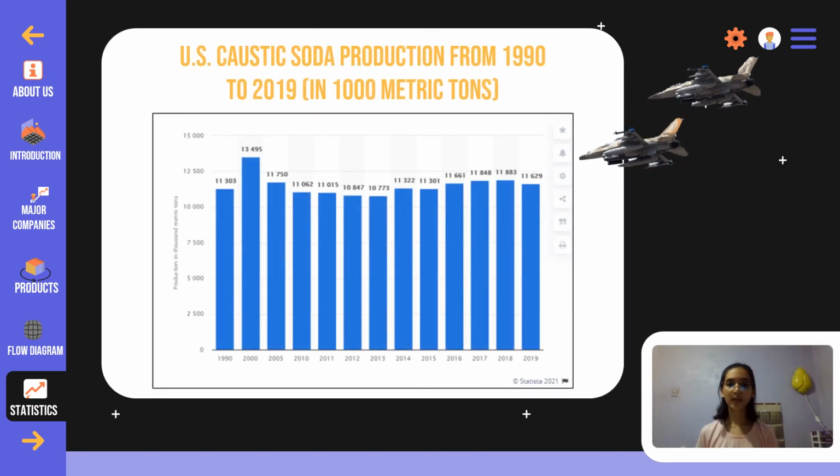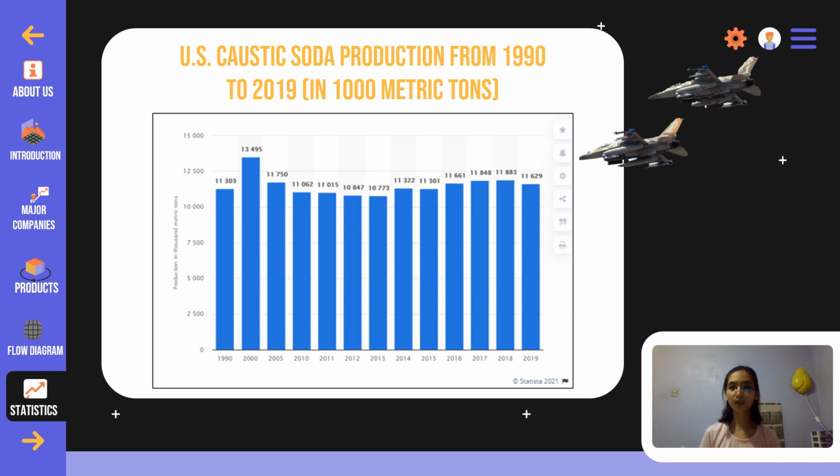With this, the next chart represents the production of another one of the main products in the chlor-alkali industry, which is caustic soda, in the United States from the years 1990 to 2019. The caustic soda or sodium hydroxide manufactured throughout these years has a range of approximately 10.8 million tons to 11.9 million tons, except during the year 2000, where the increase in production accumulated the largest amount of 13.5 million tons.